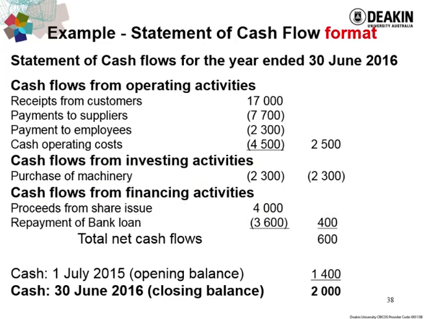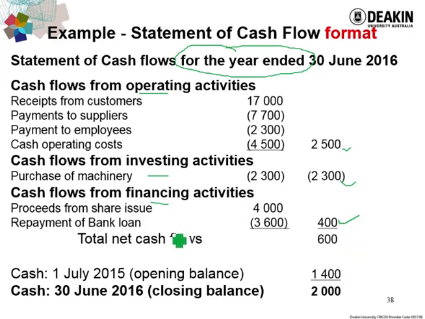This is the format for the cash flow statement. In the title, the same thing we will use for the year ended. We don't use as at because we try to show the cash movement for a particular period of time. And we will classify the cash flows into three parts, remember, operating, investing, and financing. And we have a subtotal for each part. We then sum up the subtotals.